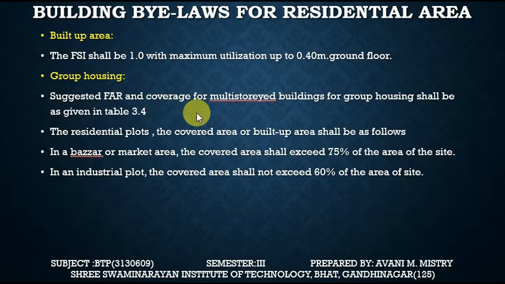In a bazaar or market area, the covered area shall not exceed 75% of the area of the site. In an industrial plot, the covered area shall not exceed 60% of the area of the site.